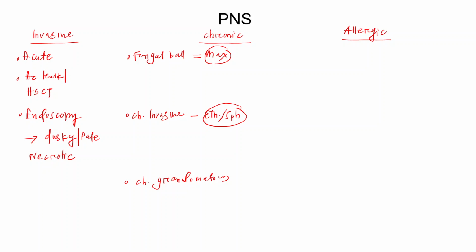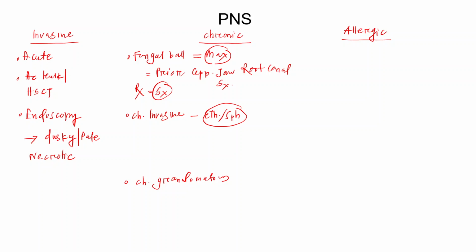The usual history for fungal ball is prior upper jaw or root canal surgery. This is a typical history for a fungal ball, and the treatment is surgery. In fungal ball inside the lung, aspergilloma, the treatment is also surgery.